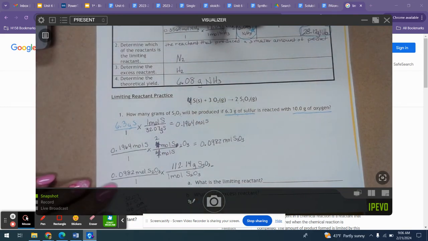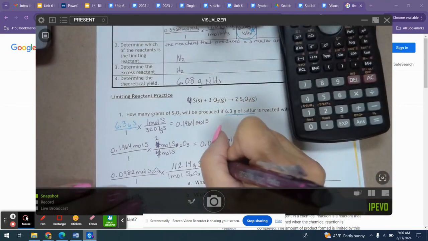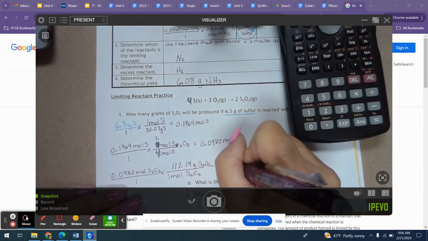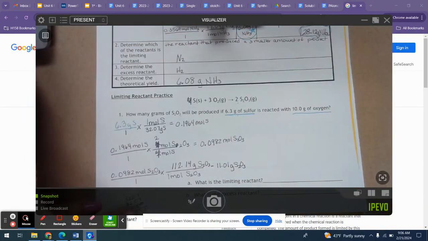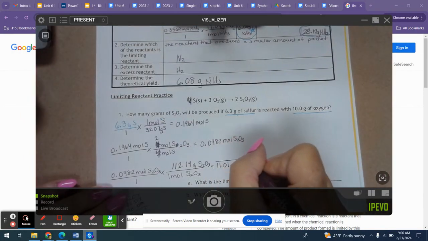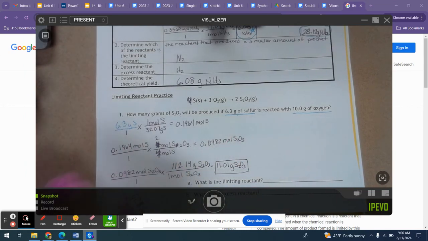Times 112.14 equals 11.01 grams of S2O3. So this is how much S2O3 we can produce if we start with 6.3 grams of sulfur.